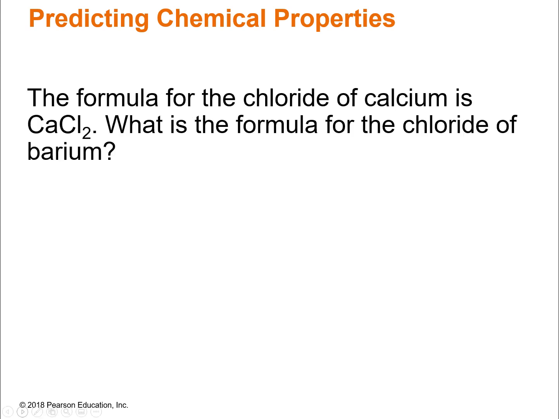To put that in context of a question, let's say that the formula for the chloride of calcium is CaCl2. What is the formula for the chloride of barium? You have to know that calcium and barium are in the same group.